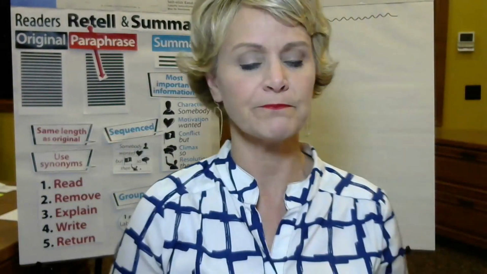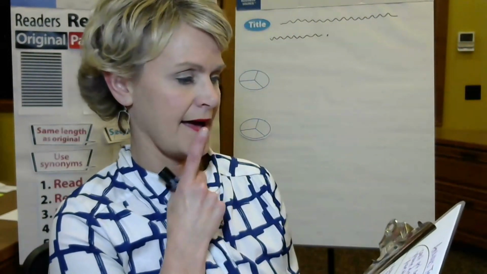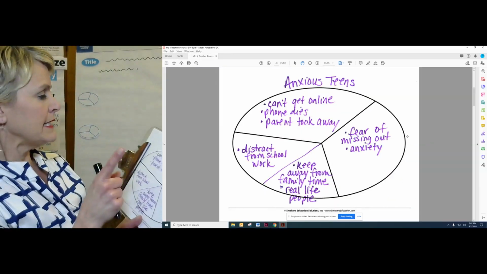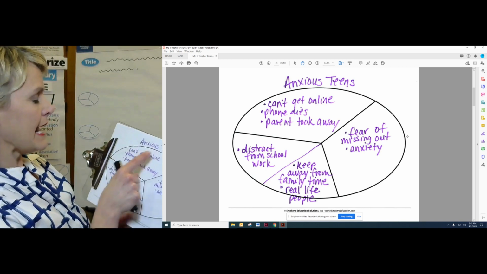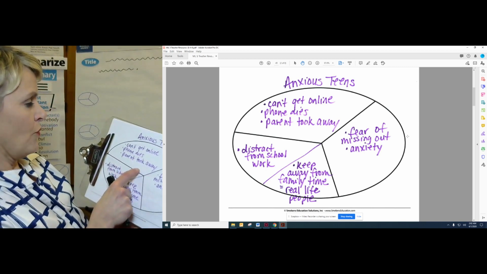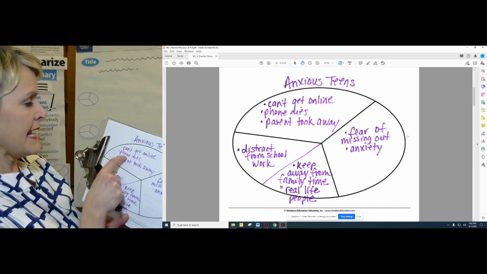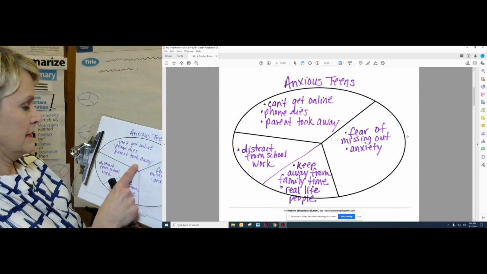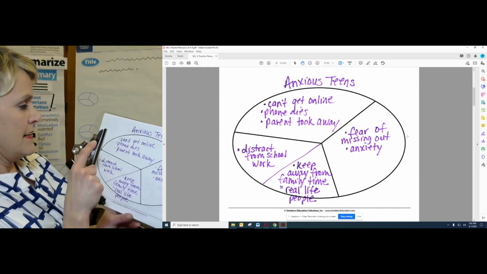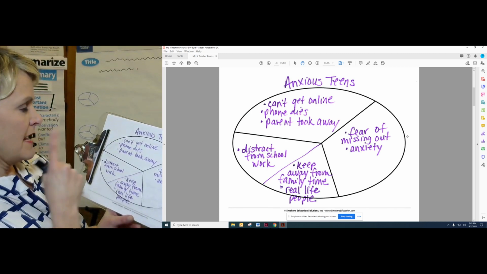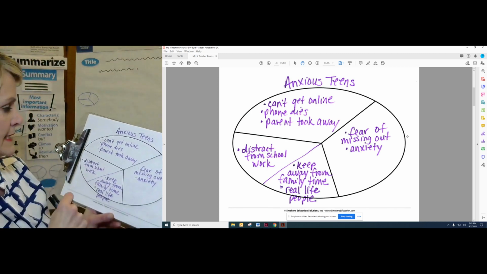And so it might sound something like, teens get anxious when they can't get online, and there's a lot of detail.